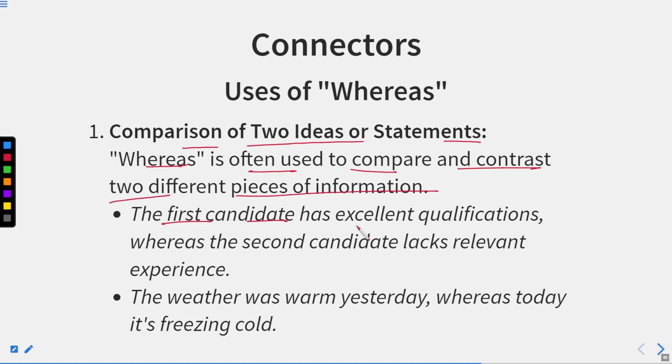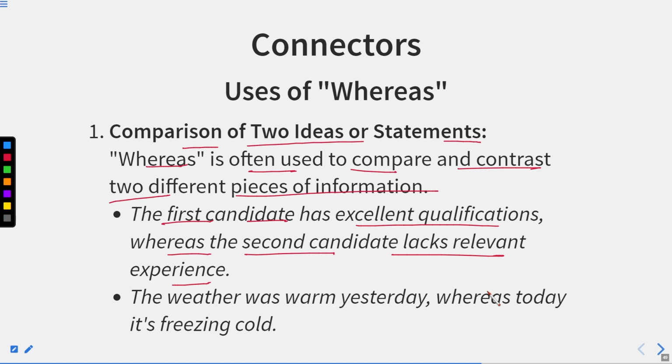The first candidate has excellent qualifications, whereas the second candidate lacks relevant experience. It means here we have talked about two candidates, but one does not have much qualification. So the first one has excellent qualification, whereas the second candidate lacks relevant experience.